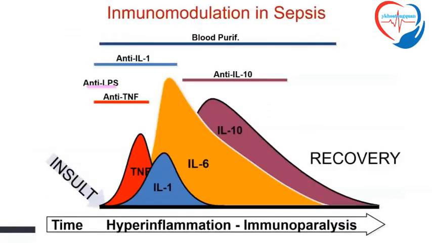But when you cannot remove the bacteria, you cannot remove the endotoxin, or at least not completely, you end up with a kind of immunodysregulation in sepsis, with significant peaks of different substances that can be pro-inflammatory and also anti-inflammatory. We are talking about an immunodysregulation. And this is where you need immunological support.